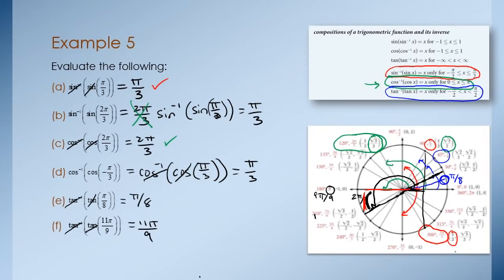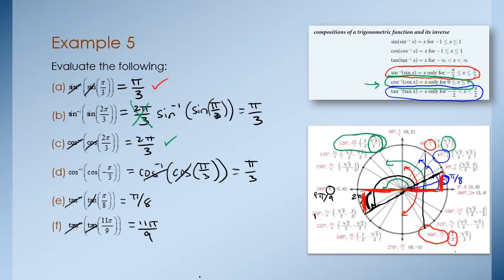If I go 180 degrees across into the first quadrant, I'm going to have a positive cosine and a positive sine. Same absolute values as the angle in the third quadrant. So what is that angle in the first quadrant? Well, my reference angle for 11 pi over 9 is 2 pi over 9.